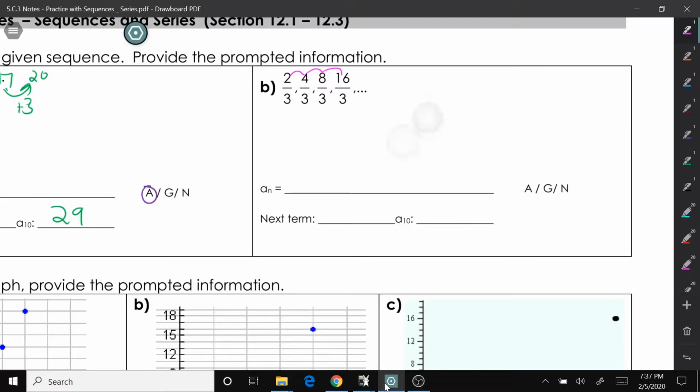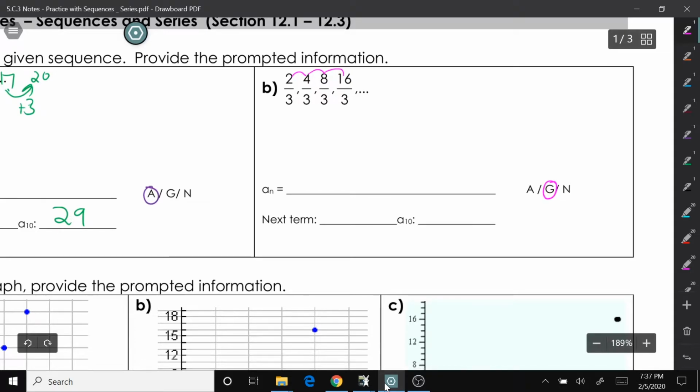So that automatically makes this geometric. Now you may be thinking, well, what about that divided by 3? What's that doing there? Well, if we go back 1 to find out the starting value, or that y-intercept, and divide by 2, we get 1/3. So this is our starting value, 1/3.